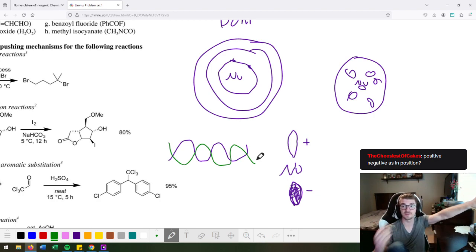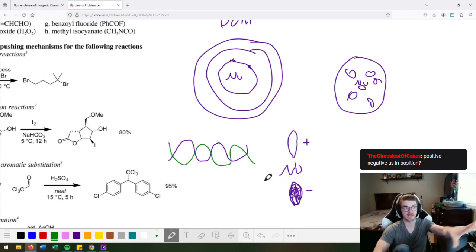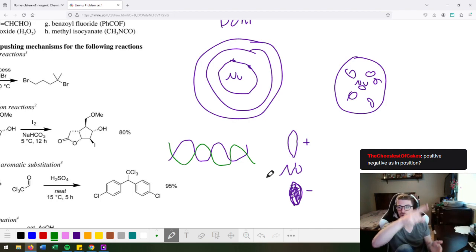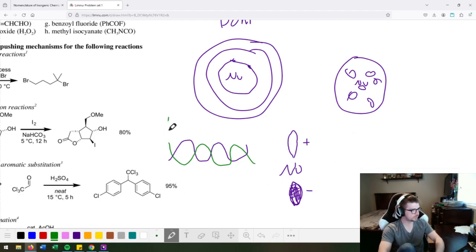If you graphed these two wave functions as a sine wave along a plane of coordinates, you'd have positive and negative portions of each, but they're just opposite to each other in phase. This is what's happening here with the different phases of the orbitals.